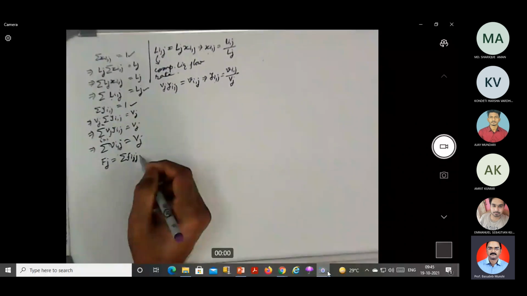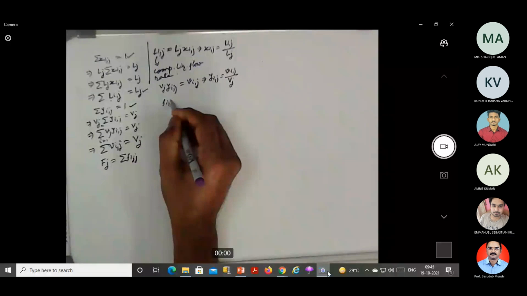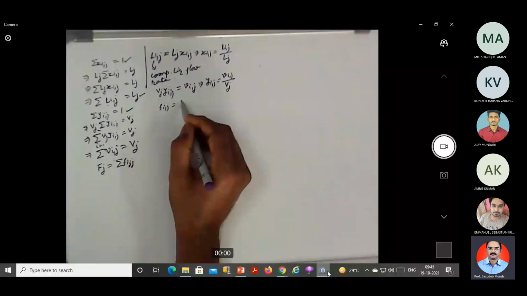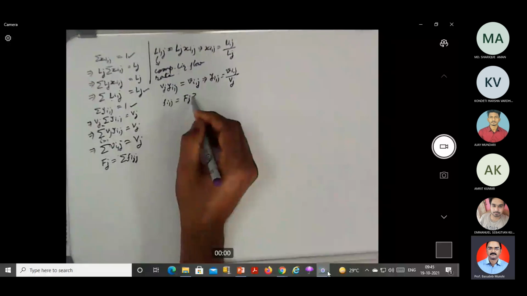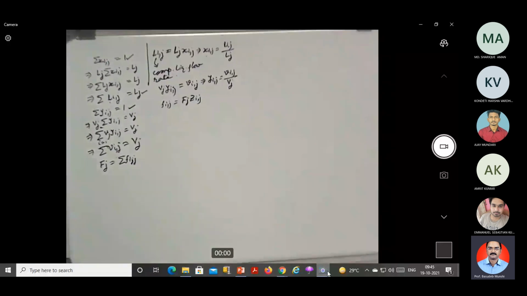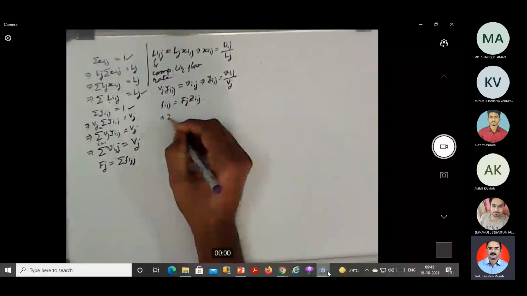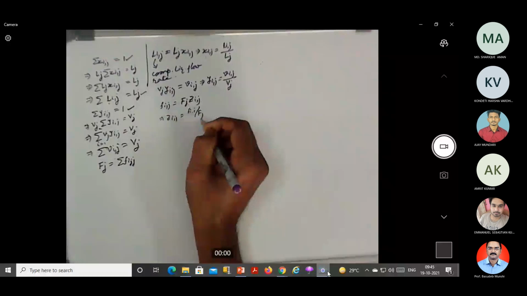Fij is equal to Fj into Zij, right? Clear? Fij equal to Fj into Zij. So we can also write Zij equal to Fij divided by Fj. Okay.